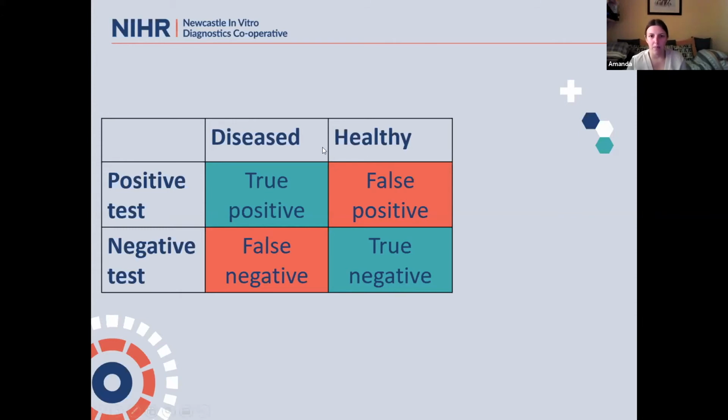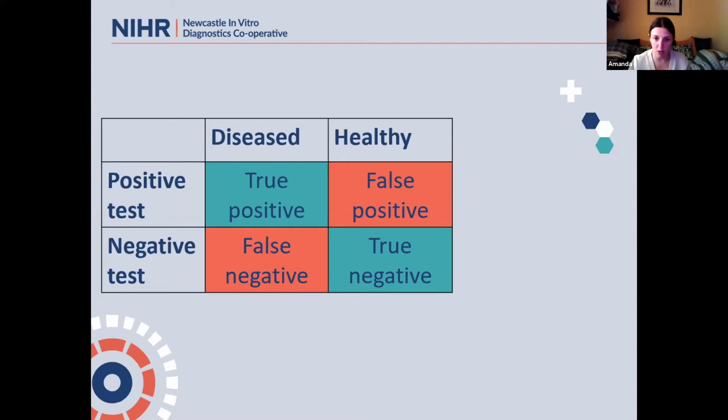When we talked about sensitivity and specificity, we were looking at what would happen compared to a perfect scenario where we knew the outcomes. But in real life, we don't tend to know that. What we have to base our assumptions on is the rows rather than the columns.